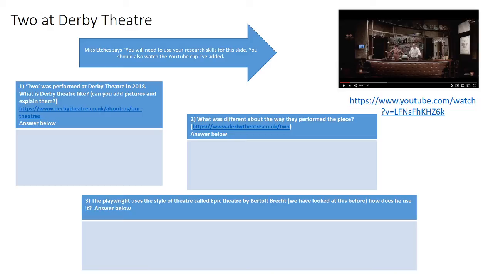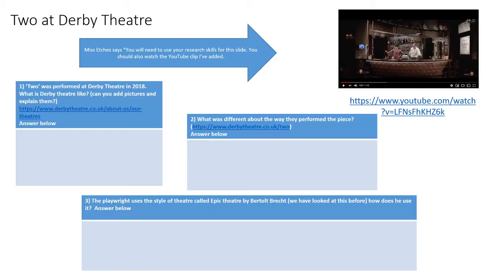Finally then for this slide, number 3, the playwright uses the style of epic theatre by Bertolt Brecht. We have looked at this before Christmas. How does he use it? So again, think back to the fact that epic theatre is about giving the audience a message. It's not a naturalistic way of performing.